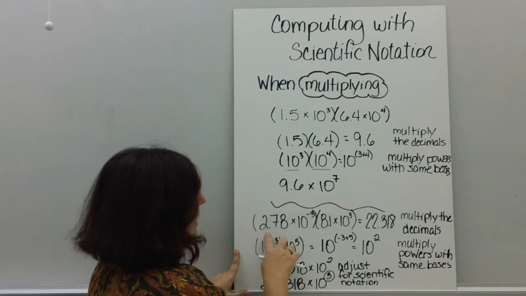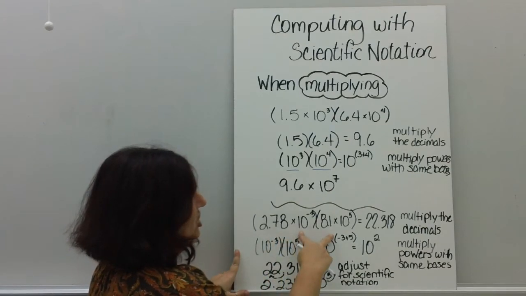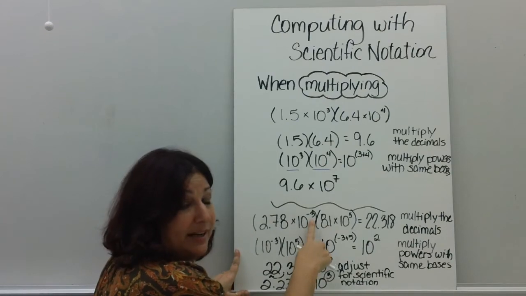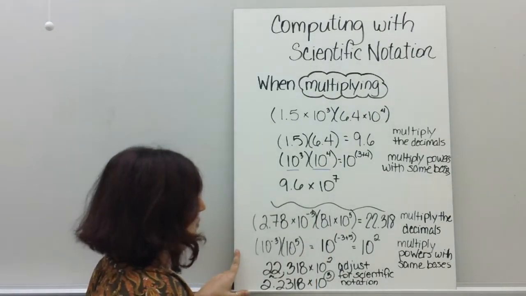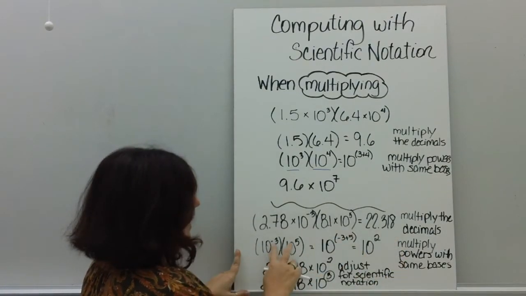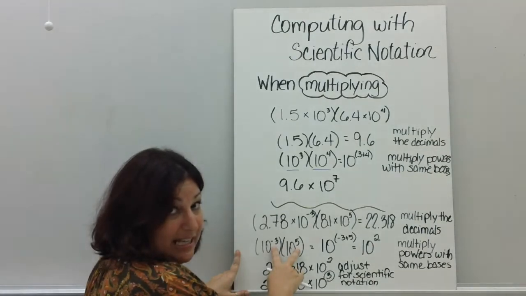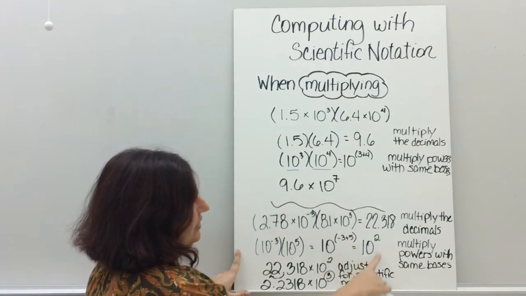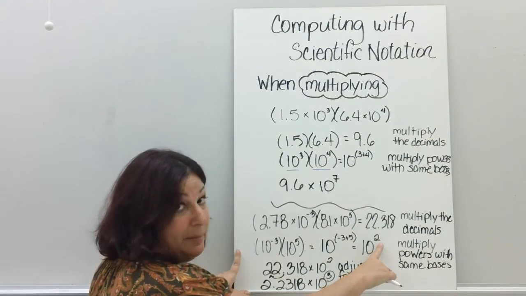If I have 2 scientific notations multiplied together and one of them is a negative exponent, I'm still following the same procedure. I'm going to multiply my numbers together, my decimals. I'm going to add my exponents together. I have a negative 3 plus 5. I'm looking at 10 to the 2nd power.